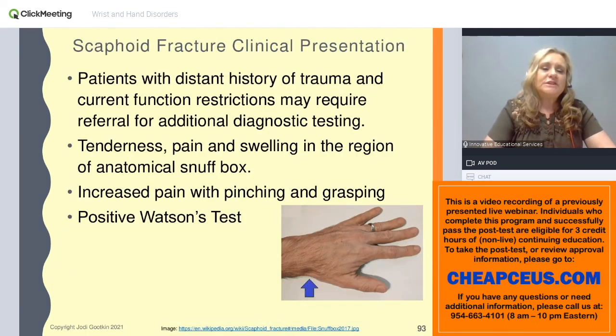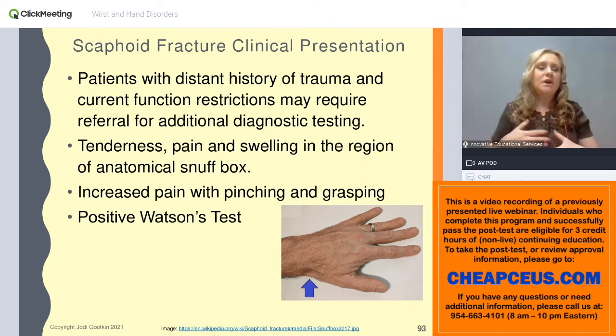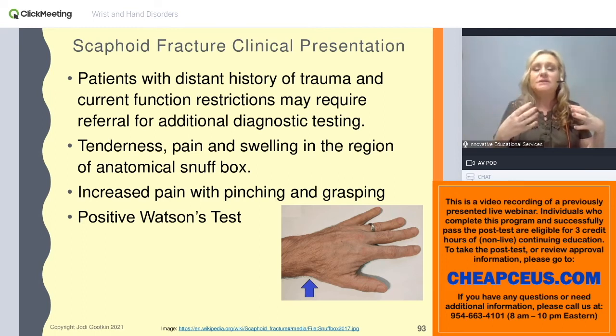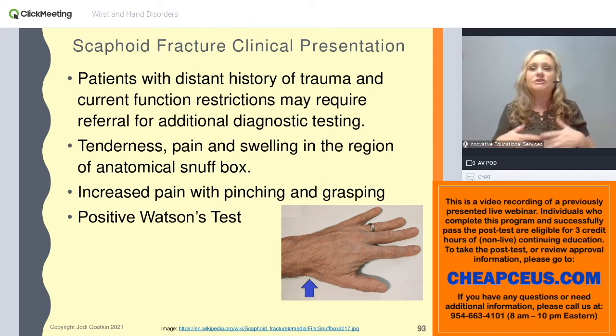The clinical presentation that we're going to see is important to note when you have those patients coming in with those generic diagnoses of wrist sprain. Earlier on, remember we said that a lot of times carpal fractures are not caught on initial x-rays. In our minds, we're always going to be mindful of is it a soft tissue injury or a potentially undiagnosed fracture? Doesn't mean anything was done wrong, it just means it may not have been evidenced as easily.